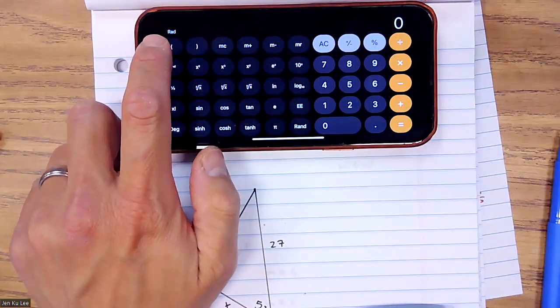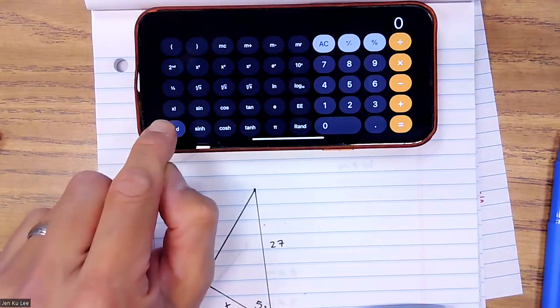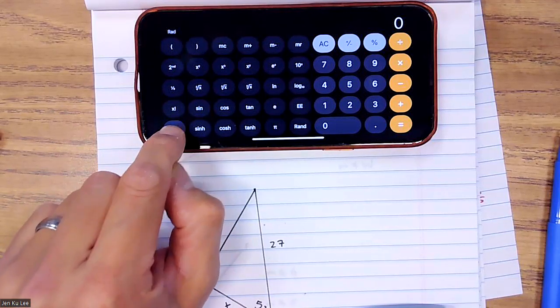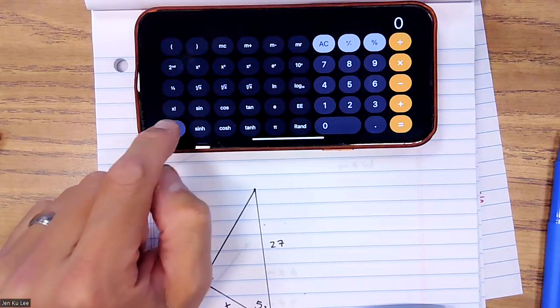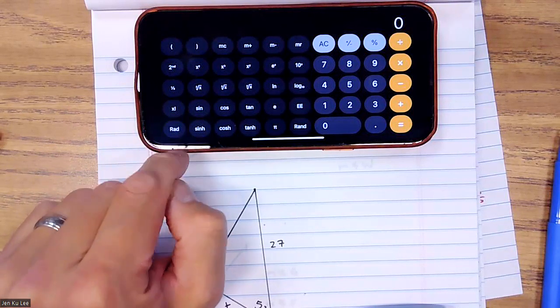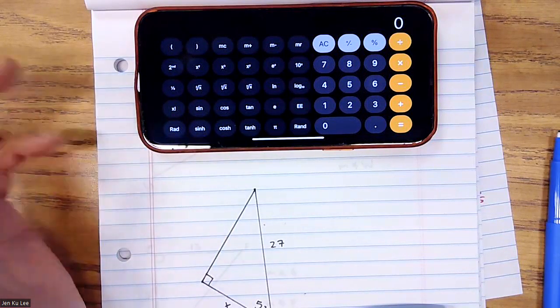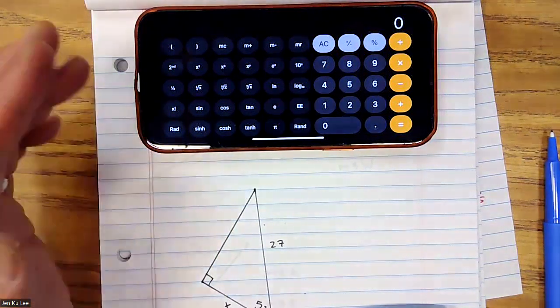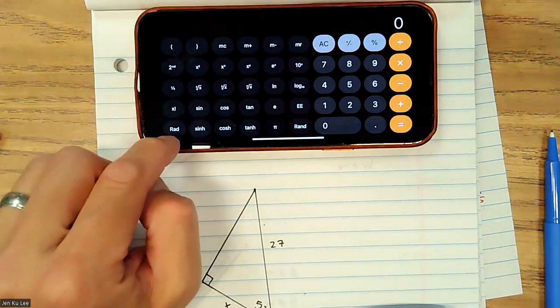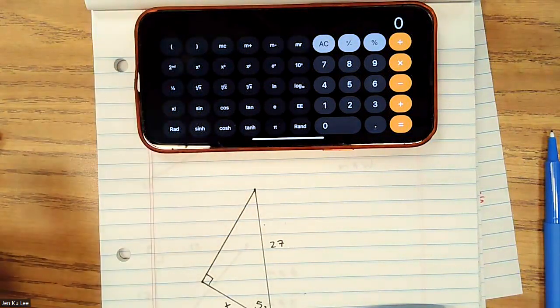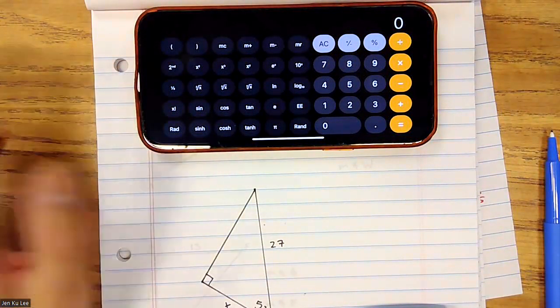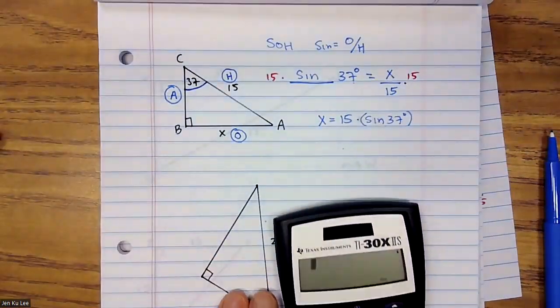Make sure that it's not there. You want your phone to be in degrees. Radians is just another unit of measure that we're not going to talk about in this class. I'm going to talk about it in the future. But make sure that your phone is in degrees.